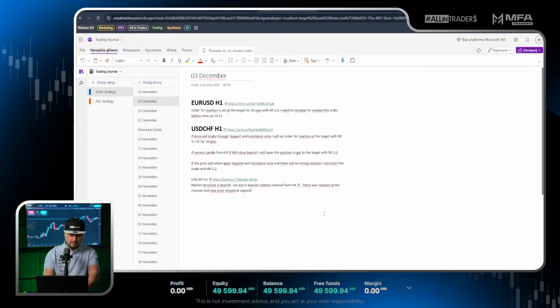Stopped at support, and if a candle from the 1-hour time frame closes, I mean a strong candle, the best if it's a signal candle, enter the position with the stop loss above the support and resistance zone, and take profit 2 pips before the target.